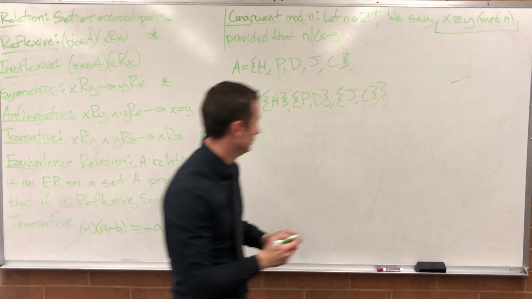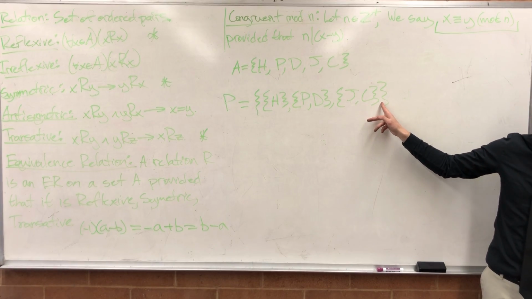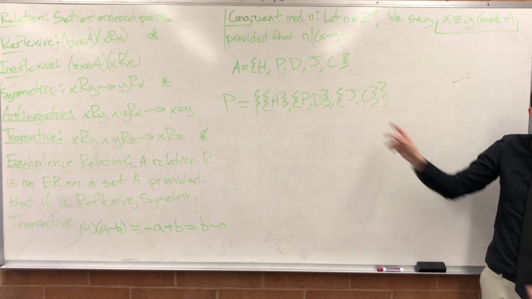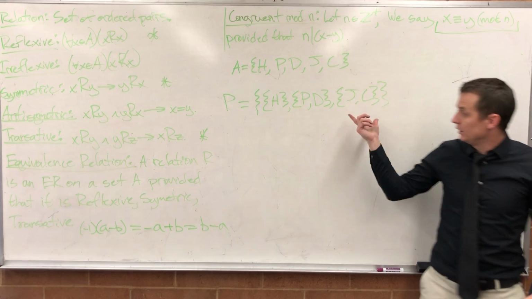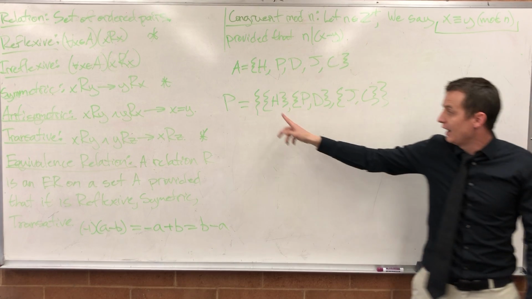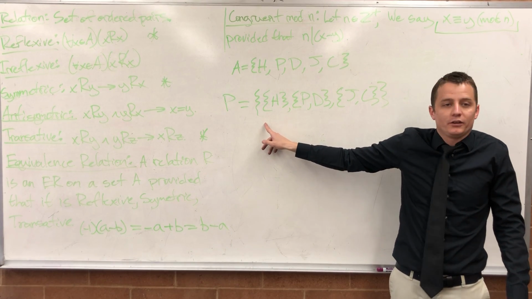Things to note about a partition. We didn't bother with everyone who has a last name not sitting in the class and put an empty set in here. So you don't bother with the empty sets, don't put those in. So one thing to notice is we have no empty sets. Notice that everyone shows up somewhere in one of these sets. No one shows up in one of those sets twice.